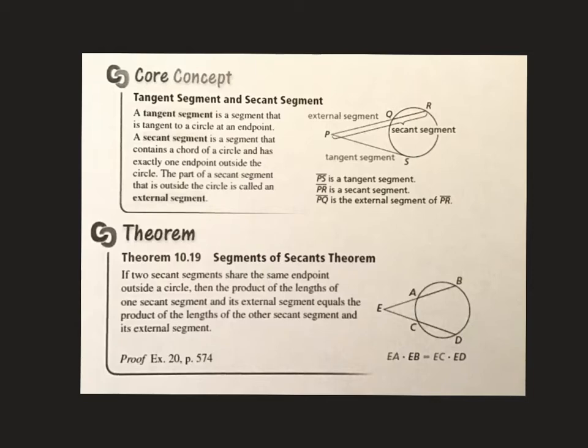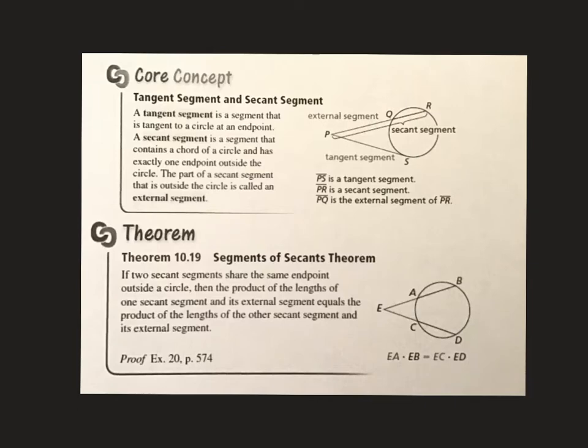So we have a chord in the circle, and then we have the portion of the segment outside the circle. So the part of the segment that's outside the circle is called the external segment. So PR is our entire secant segment, but PQ would be the external portion of segment PR.